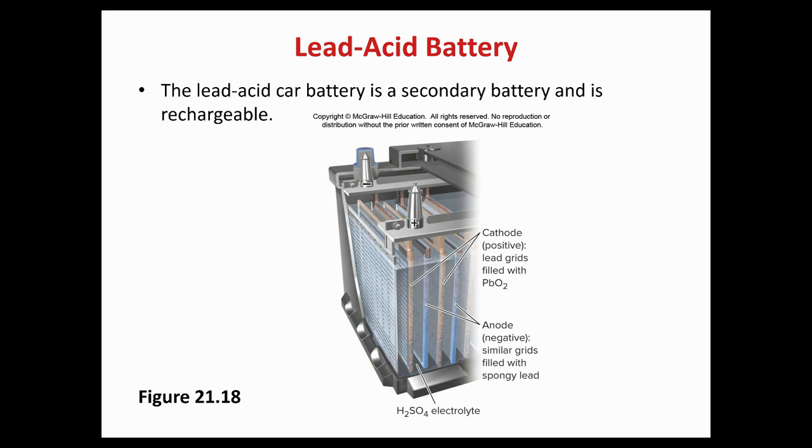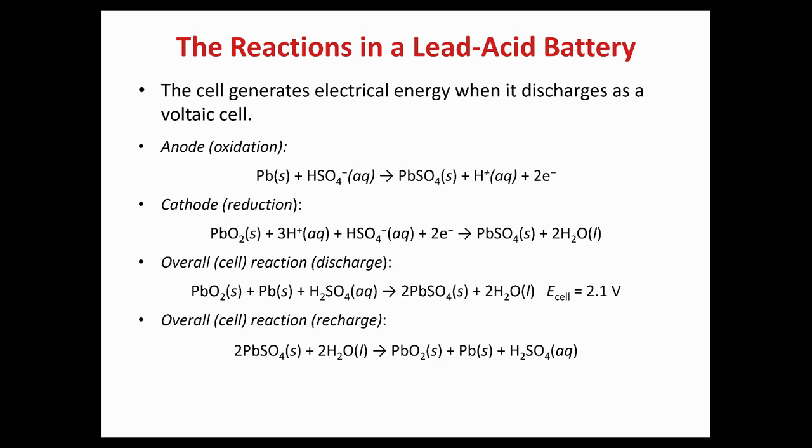My least favorite battery is the lead acid battery from your car. And the reason why I don't like these is because lead is a toxic, nasty element. And it's amazing that we've stuck with this battery for so long. But the anode is lead. It's in the presence of a very strong acid, sulfuric acid.